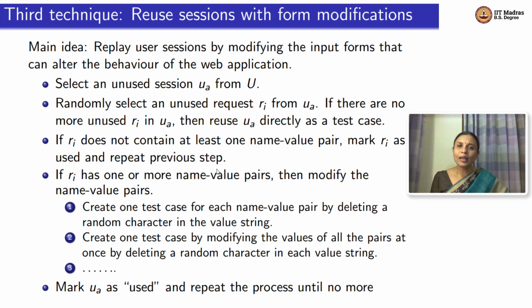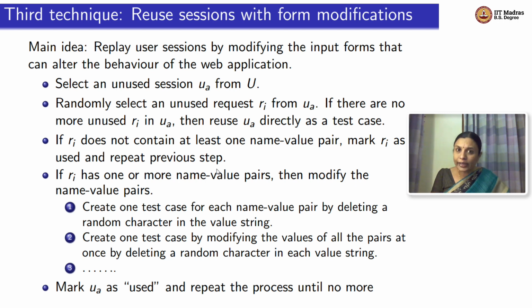That is, Ri is a request that submits some data through a form, with values that correspond to certain names, like the field called name, a set of values that corresponds to age, a set of values that corresponds to address, things like that. So pick up one such Ri. If it does not have any, then pick up some other Ri.